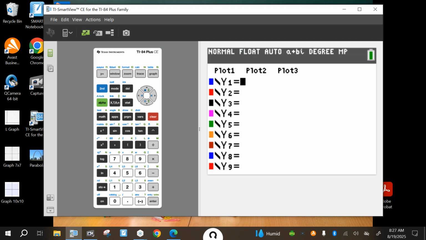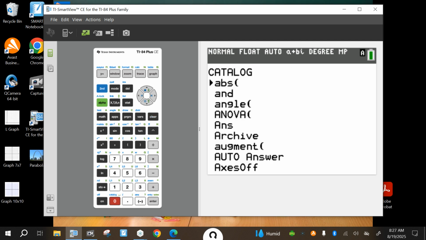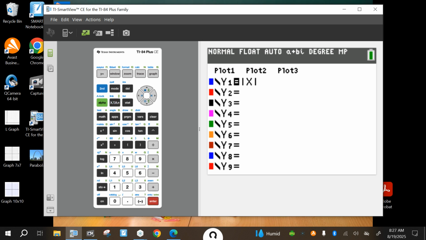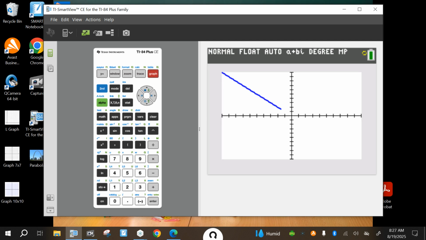Second zero enter, absolute value of x. And then once you have it typed in y equals, you can go ahead and hit graph. Now, if your graph looks funny, remember go to the standard window by hitting zoom 6. So zoom 6 will get you to that standard window.